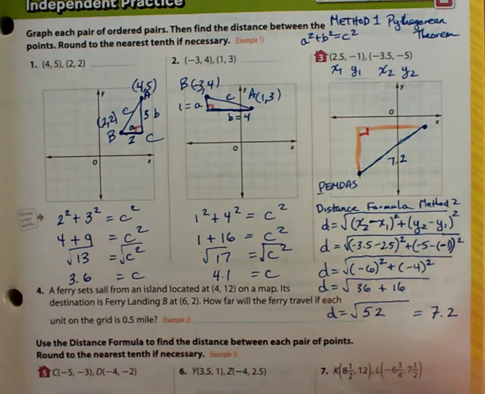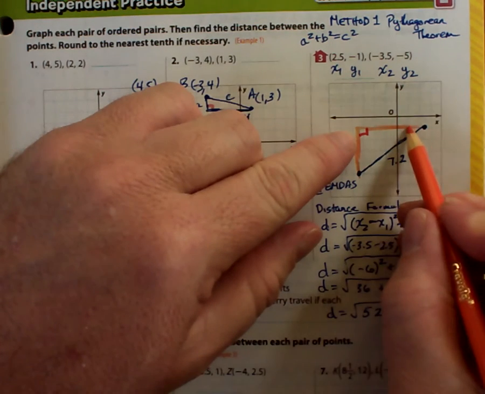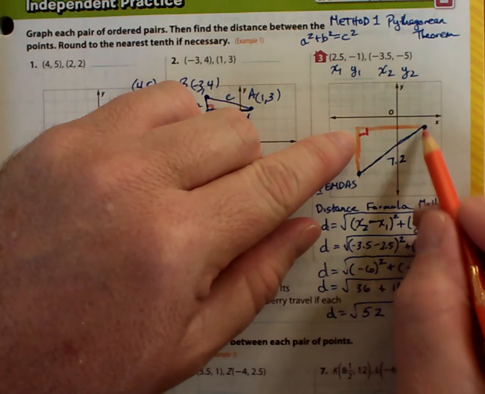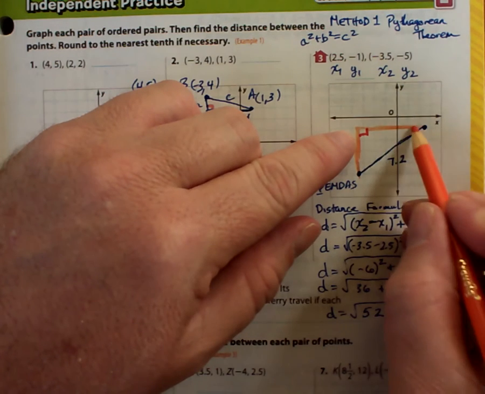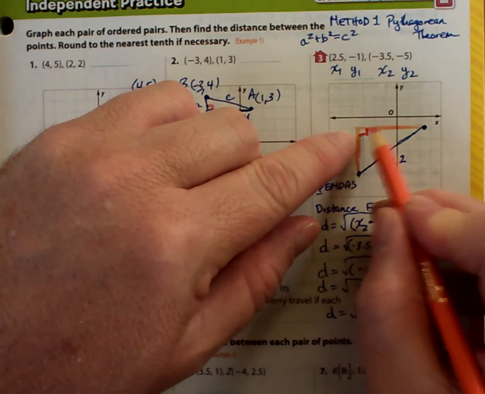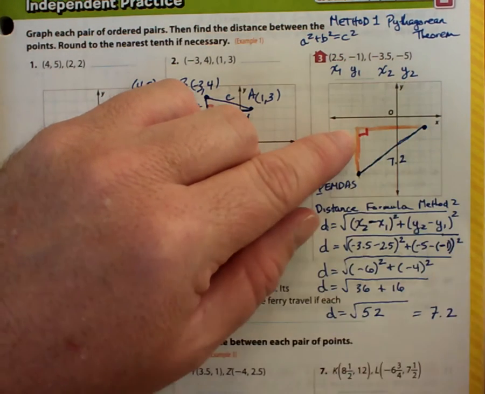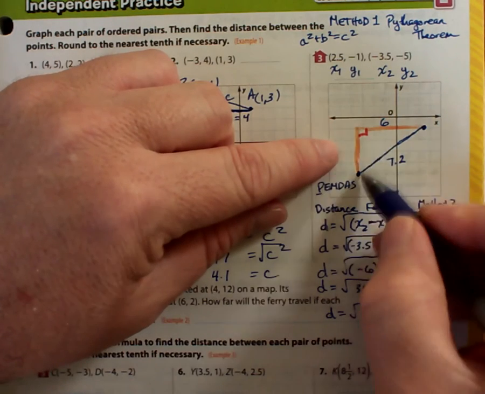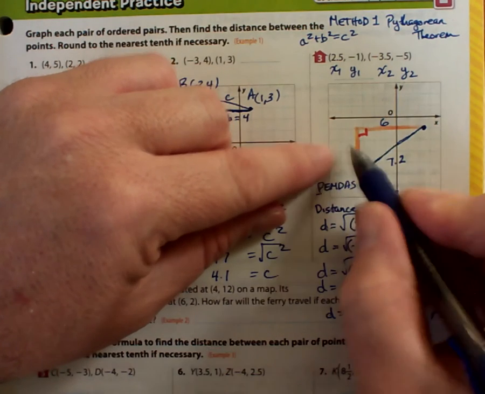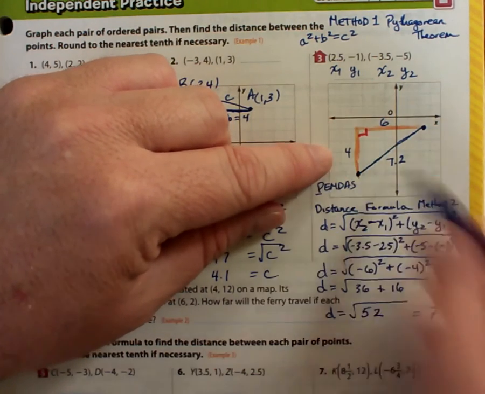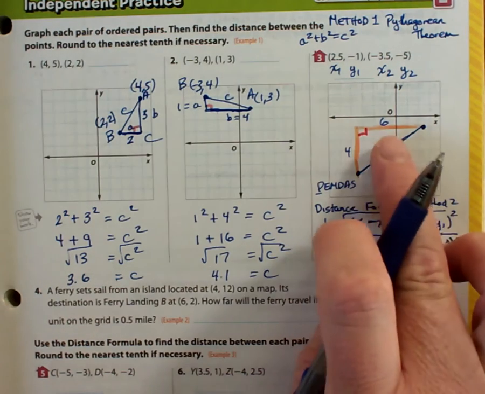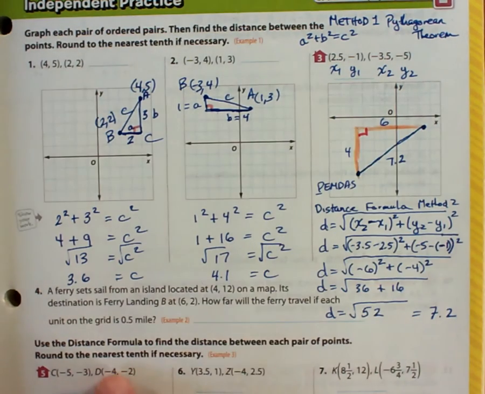If we count that, it's a 1. Wait, that's 1, 2. That's negative 3. Okay, so it's 1, 2, 3, 4, 5, 6. And then from here, these are whole numbers. 1, 2, 3, 4. So 6, 4, 7.2. That's very reasonable that the hypotenuse is slightly longer than this.